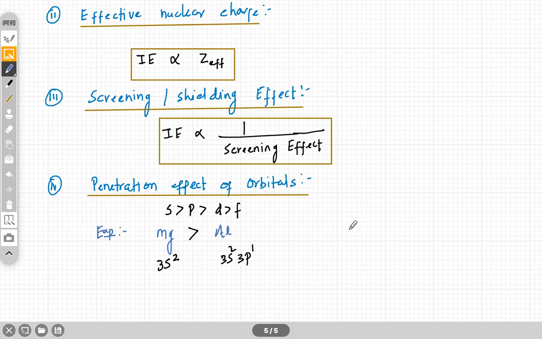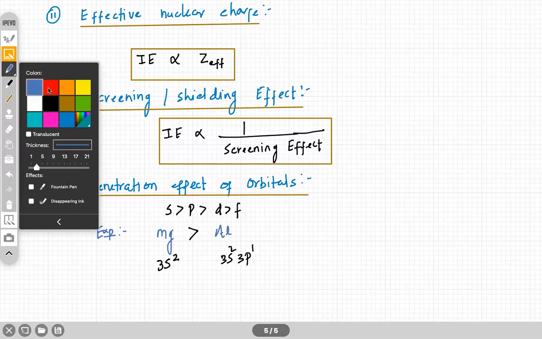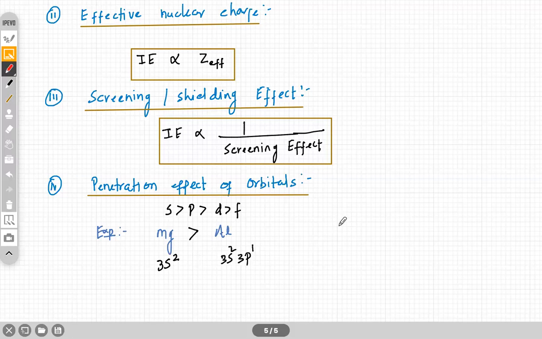Now, if I ask you Mg plus and Al plus, what is the order of ionization energy? Which one has more ionization energy here? Now it's Al. Why? Once you remove the electron, the configuration becomes 3s1 and 3s2.